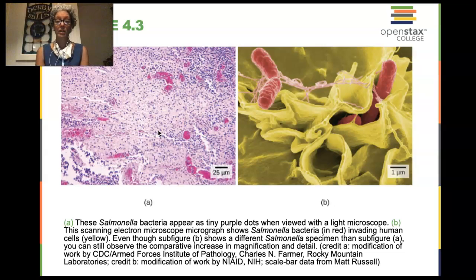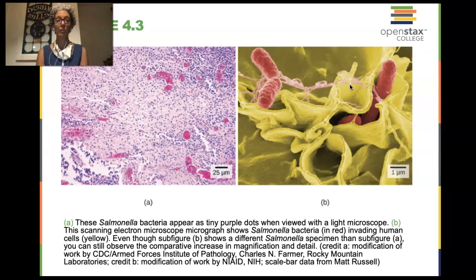Those same bacteria, when viewed under a scanning electron microscope, look very huge. But our size bar tells us that they are a little over 1 micron across. Those are the pink Salmonella. These threads coming away are pili and/or flagella.